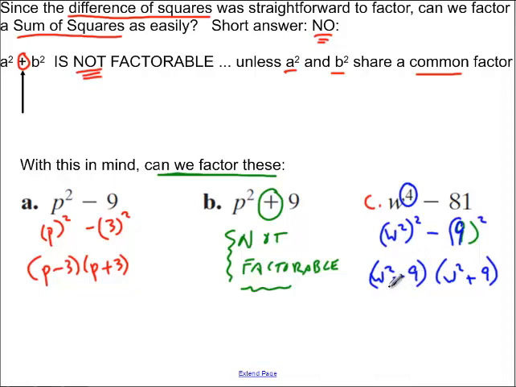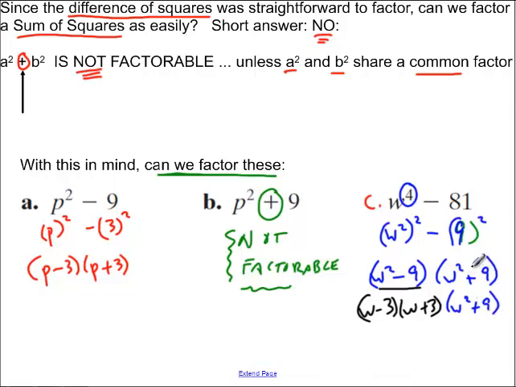Well, w squared minus 9 is a difference of squares, isn't it? Because w squared is a perfect square and 9 is a perfect square, so we can rewrite it as w minus 3 times w plus 3.